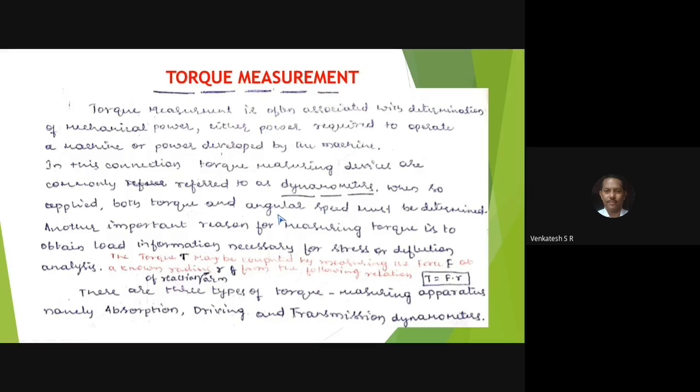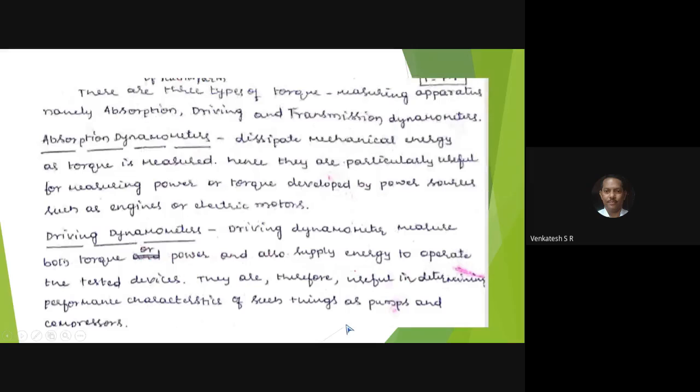There are three types of dynamometers available for the measurement: absorption dynamometer, driving dynamometer, and transmission dynamometer. Next, what is absorption dynamometer and what is driving dynamometer? The name itself indicates absorption: it absorbs the energy developed by the machine, the engine, or the motor.